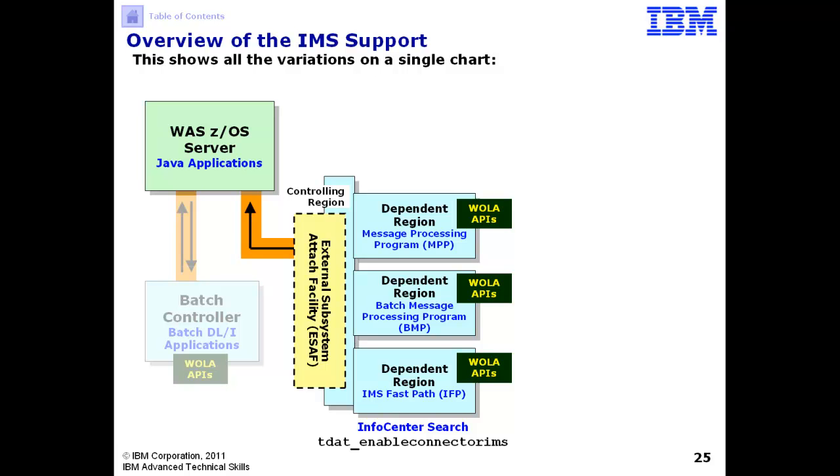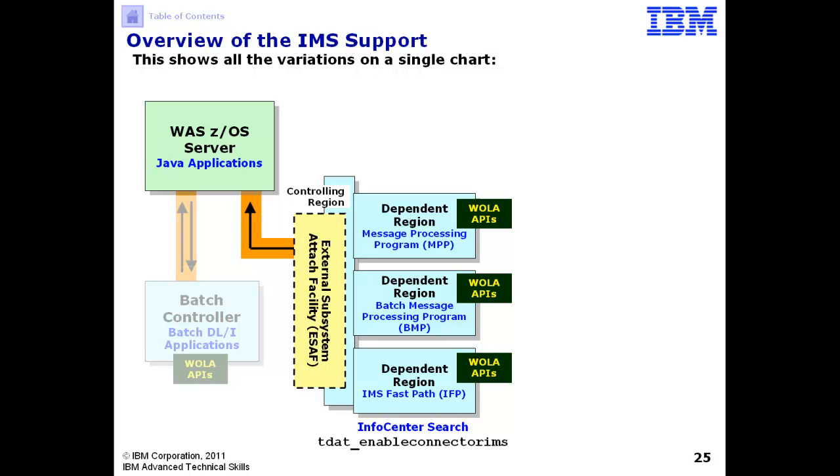The ESAF support may be used with Message Processing Program Dependent Regions, or MPPs for short, or it may be used with Batch Message Processing Program Dependent Regions, or BMPs for short, or an IMS Fast Path Dependent Region, or IFP for short. In all cases, the programs in the IMS dependent regions must write to and use the WOLA APIs.